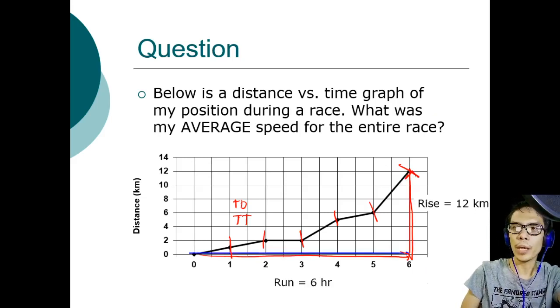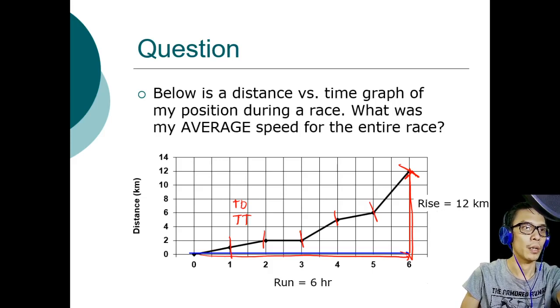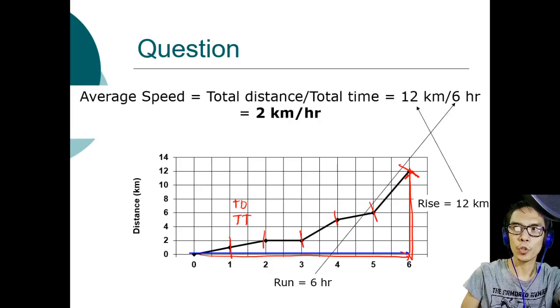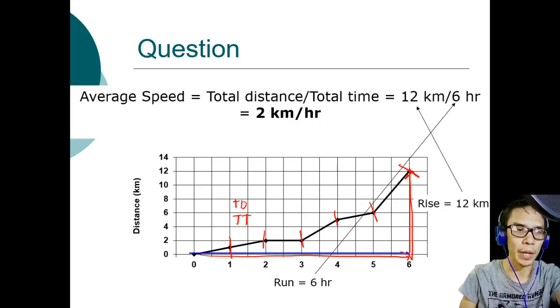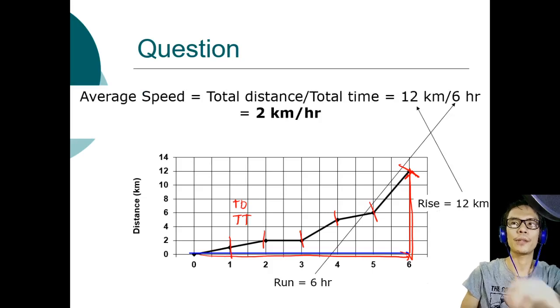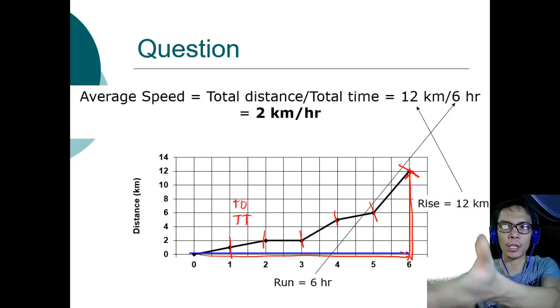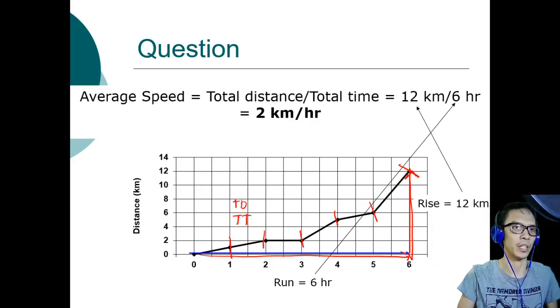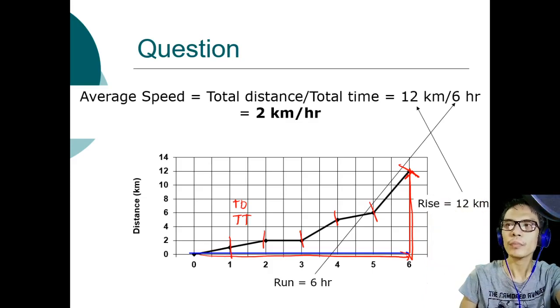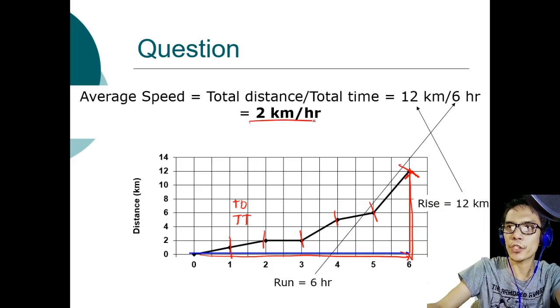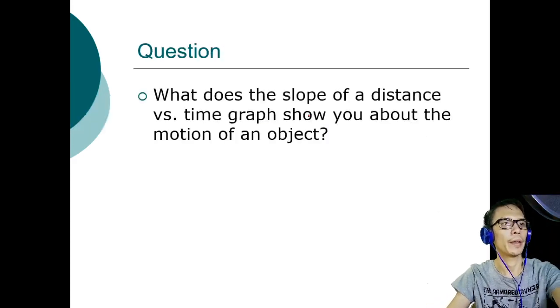It will be 12 kilometers for the rise, and for the time it will be 6 hours. So the answer is 2 kilometers per hour, the average speed of the person who did the race using this graph.